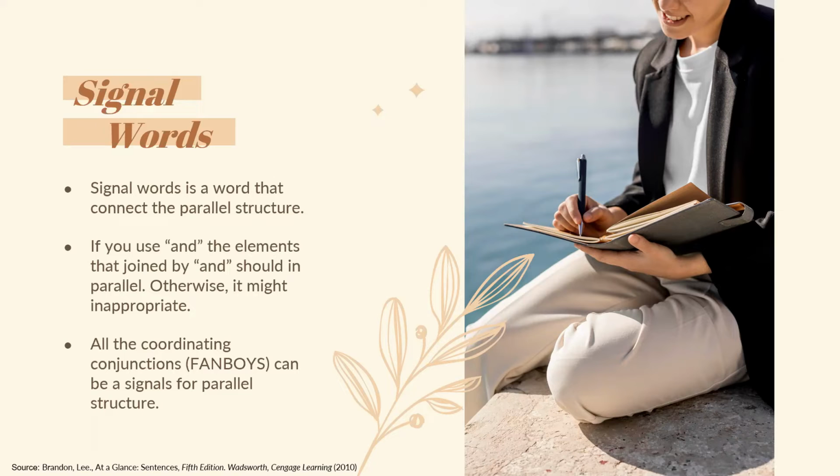A signal word is a word that connects the parallel structure. If you use and, the elements joined by and should be parallel. Otherwise, it might be inappropriate or break the parallelism. And also, all the coordinating conjunctions or FANBOYS that we have talked about before can be signals for the parallel structure. So that is the explanation about signal words.